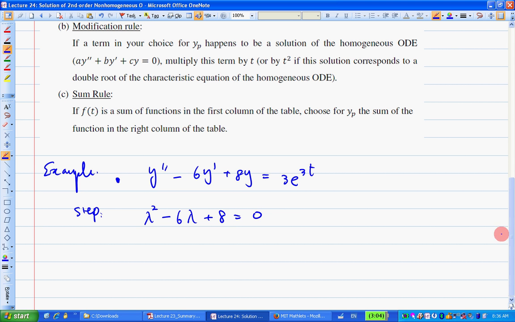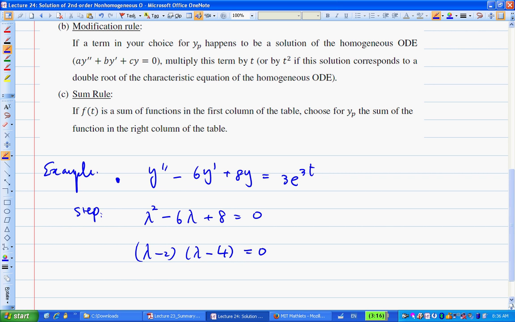So what's the lambda here? If you remember the formula, you can plug into the quadratic formula. Otherwise, you can always separate this 8 into different factors. In this case, I can separate 8 into 2 and 4.